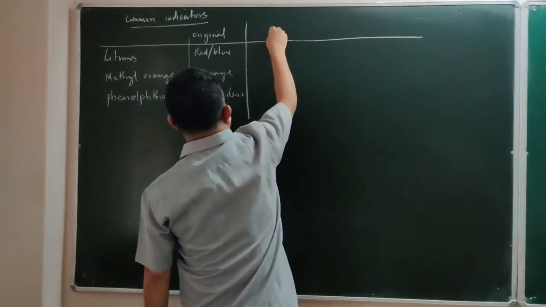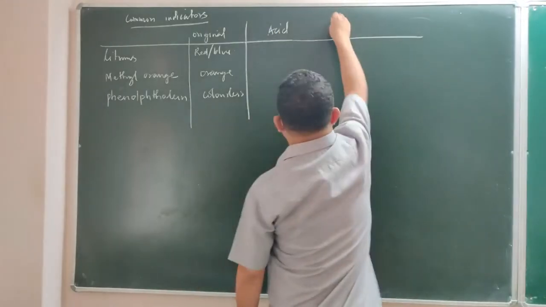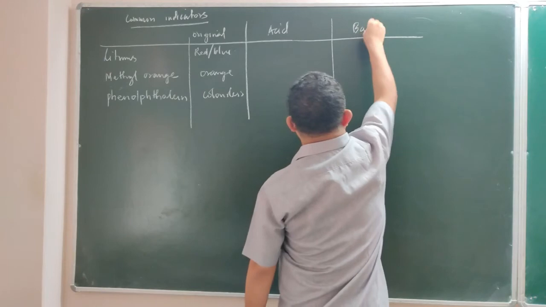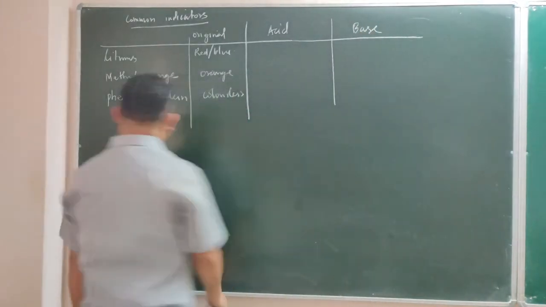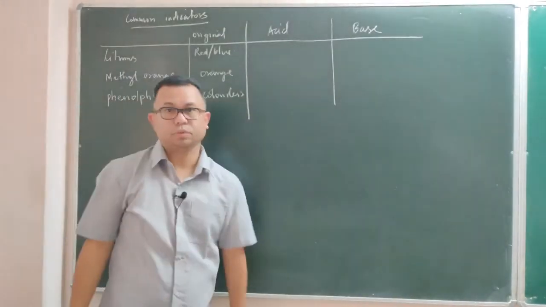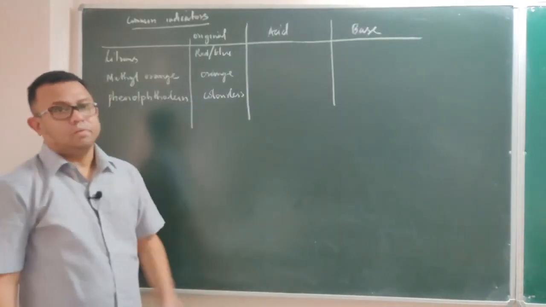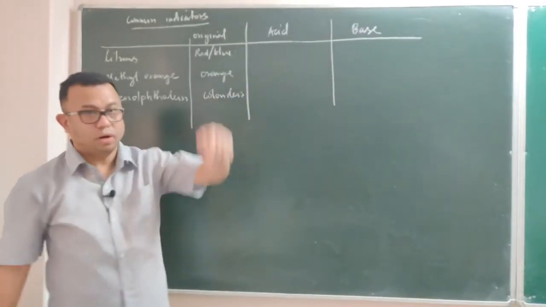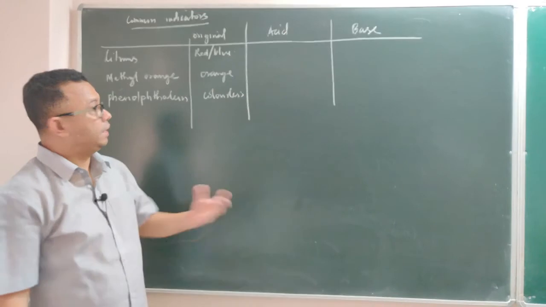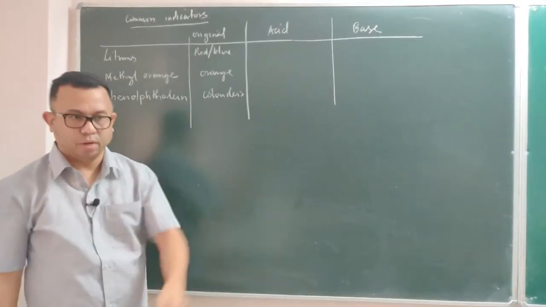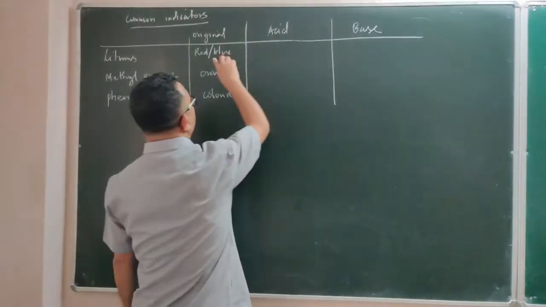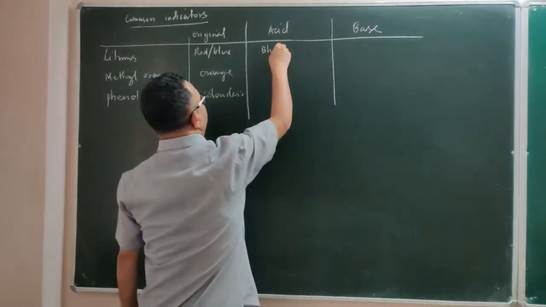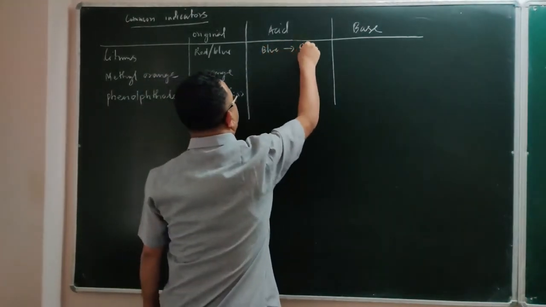Now what happens in an acid and what happens in a base? You have to remember this, you can learn this. With litmus, when you put a red litmus in an acid, nothing happens, but when you put a blue litmus in an acid, blue turns red.